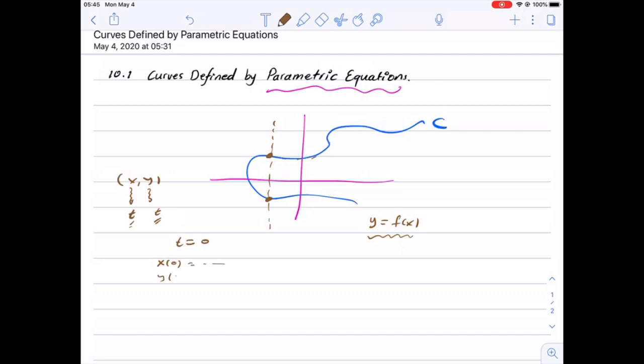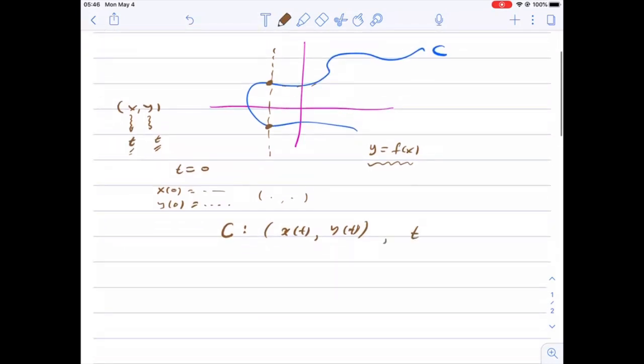Then we plug 0 into the y formula, and that gives us another value, and that gives me an ordered pair that lies on the curve C. So we can define C as the points x of t and y of t. x of t is a function of t, and y of t is another function of t, where t is a real number, and sometimes we have some restrictions on t.